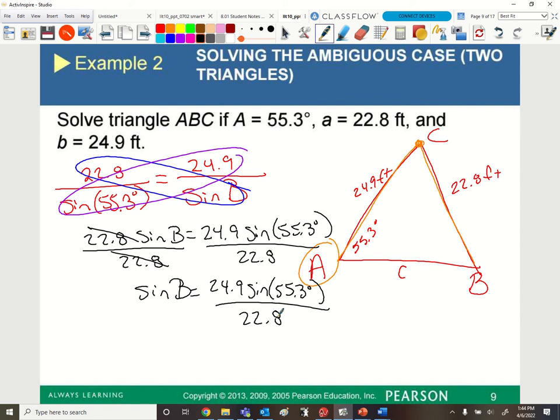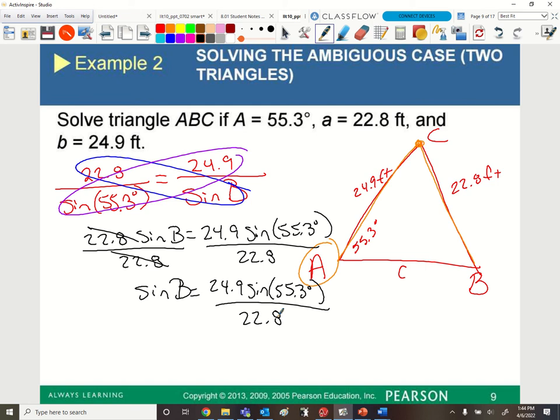Am I looking for an angle? Yes. So whenever I'm looking for an angle, I do the inverse. There's a reason why I've been saying this all year long, since unit 1. If you're looking for an angle, you do the inverse, because I promised you way back then, we're going to be doing the same stuff over and over again.